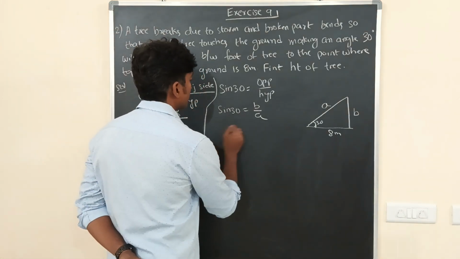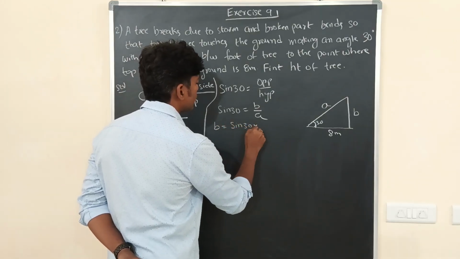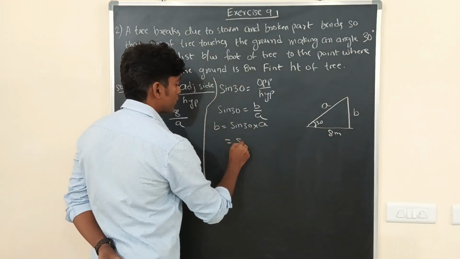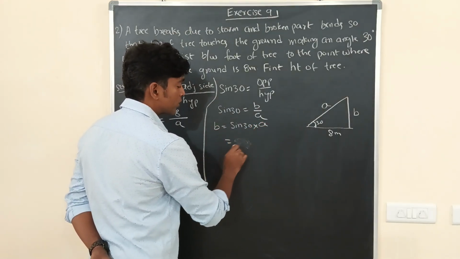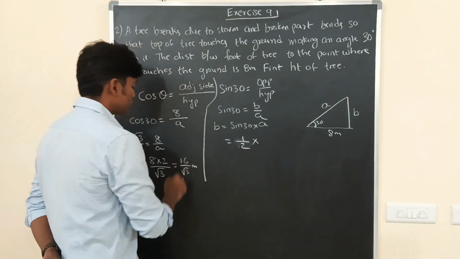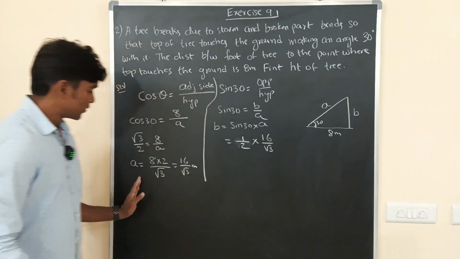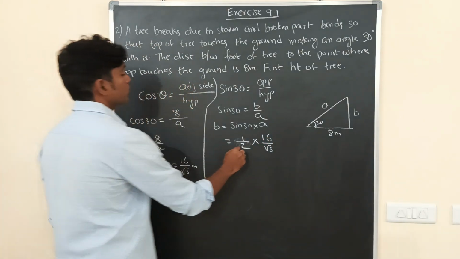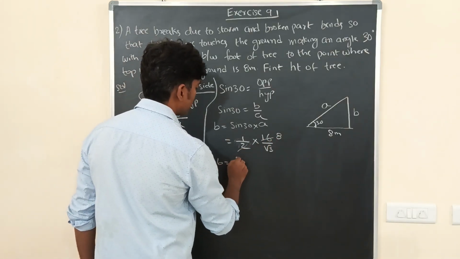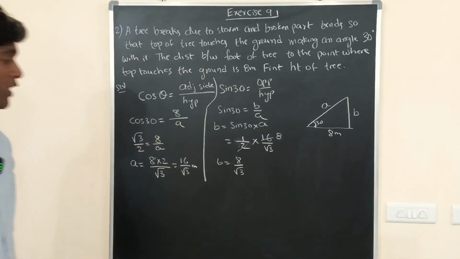So now B is equal to sin 30 into A, write A here step by step. What is the value of sin 30? 1 by 2. Sin 30 is 1 by 2. So 1 by 2 into A, which is 16 by root 3. 2 ones are 2, 2 8s are 16. So B is equal to 8 by root 3 meters.